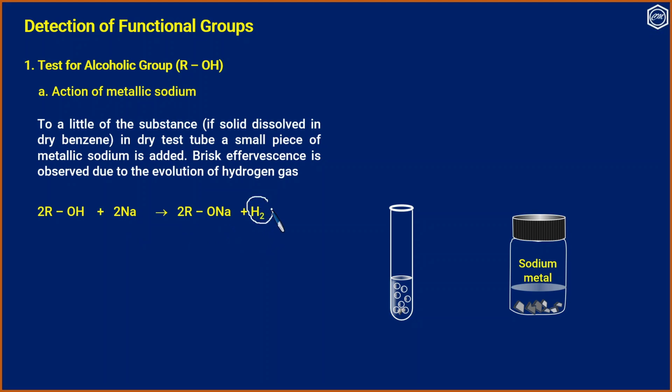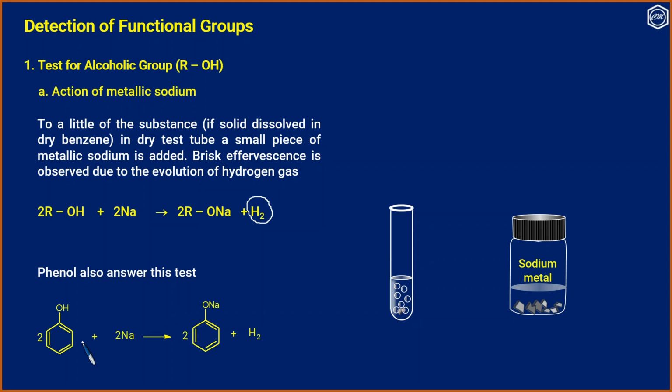This hydrogen gas is liberated in the form of bubbles that shows brisk effervescence. Phenol also answers this test. So phenol gives sodium phenoxide, and hydrogen gas is liberated. And this is a simple test for the presence of hydroxyl group.